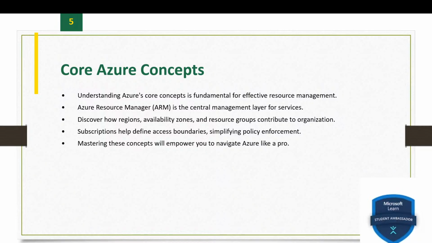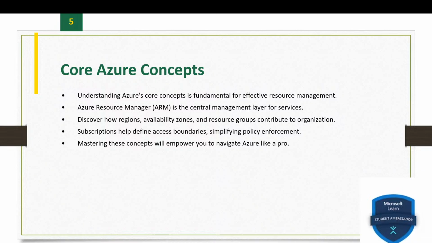Azure Resource Manager allows you to deploy resources using JSON-based templates known as ARM templates. These templates define the desired state of your infrastructure and can be reused to deploy identical environments. And role-based access control.